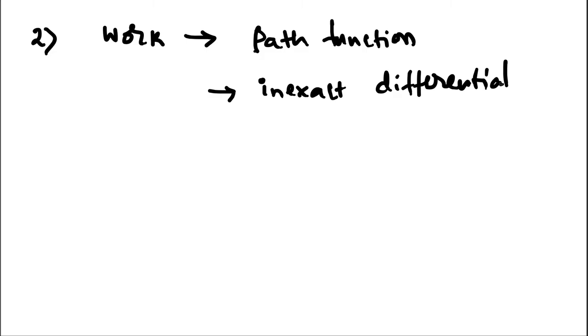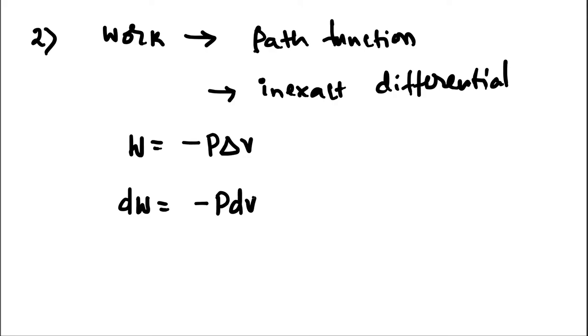Okay, now let's take work. We know work is negative P delta V. For small changes, we can say dW is equal to negative P dV. And we just learned a few minutes back what dV is. Let's take molar volume, for 1 mole of a gas, that's the V only.